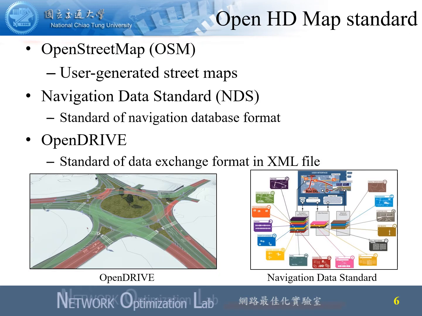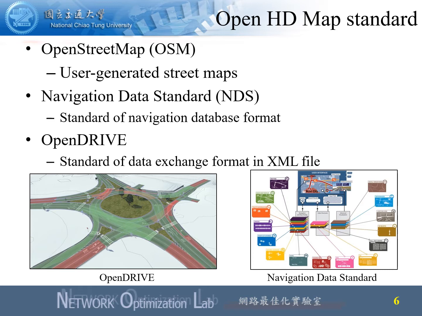At present, some standards are published for constructing HD maps. OpenStreetMap is a user-generated street map. It allows people to upload HD map information like Wikipedia. Navigation Data Standard, which is NDS, is a standard of navigation database format and is used in navigation devices.